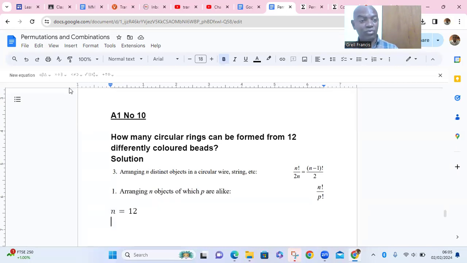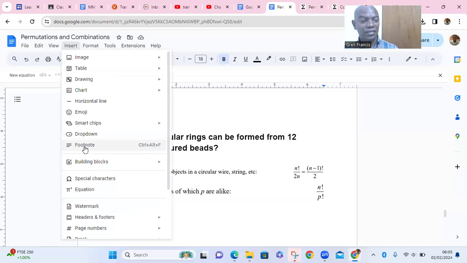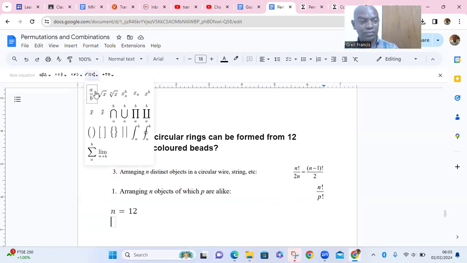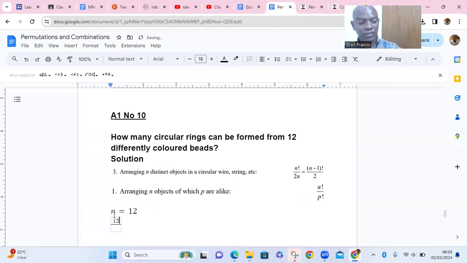So basically we're going to apply this formula. We've got 12 factorial divided by 2 times 12, and this now is going to be divided by 0 factorial, because here the repetitions, let's call it p, is equal to 0. There are no repetitions.